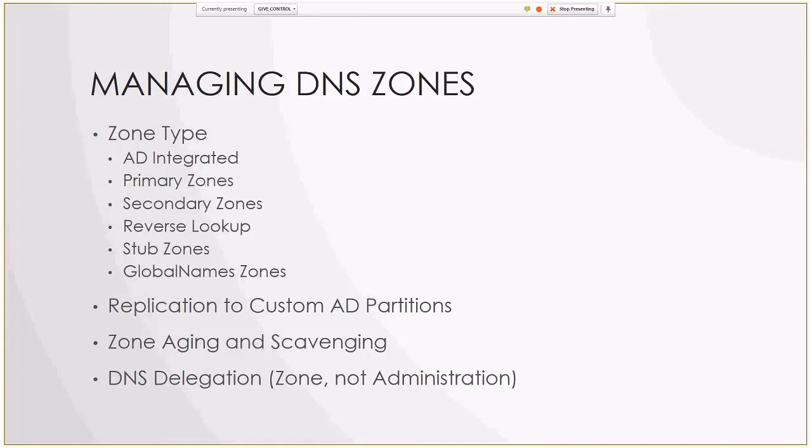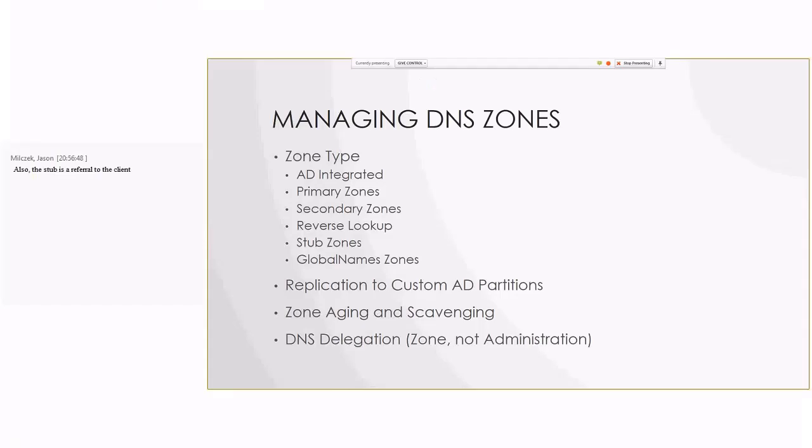So that's one advantage of a stub zone over a conditional forwarder. And I think there's some discussion as to which one's better, and really I think it's personal preference. I prefer to use stub zones just because of that automatic update, but conditional forwarders also do a very, very similar job.